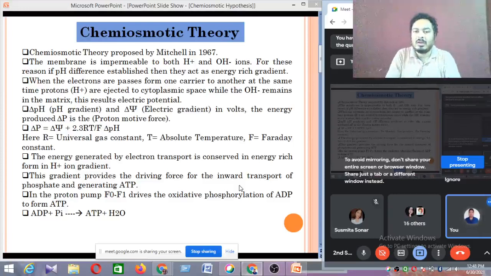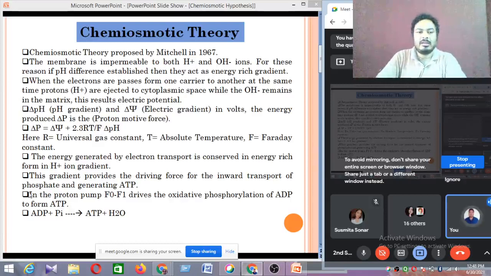In the matrix all are negative charge, in the perimembranous space all are positive charge. Due to this, an electric current is generated, and this current is stored in the form of H plus ions. That's why all these H plus molecules become energy rich compounds.